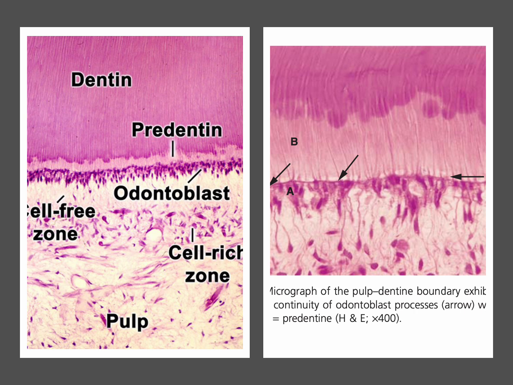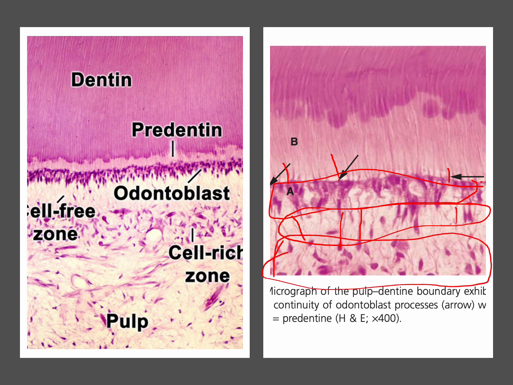Again, you can see here in the supra-odontoblastic area some of the odontoblastic processes going inside the tubules. This is the odontoblastic zone, the cell-free zone, and you can see a lot of cell processes inside it. So as I said, it's not free actually, it's just anuclear. And then the cell-rich zone underneath it.